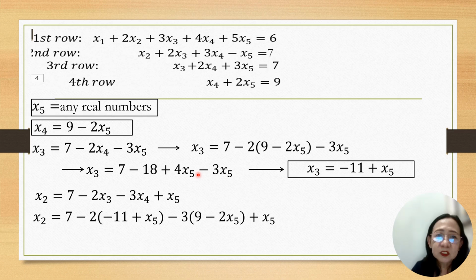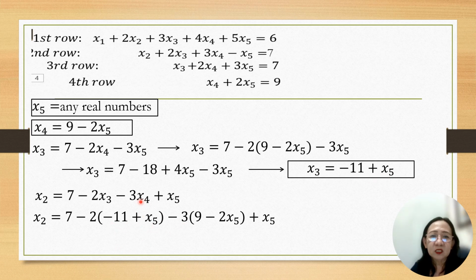Let us substitute the value of x sub 3 and x sub 4. So, 7 minus 2 times the value of x sub 3, let us copy this, negative 11 plus x sub 5, and close in parentheses.